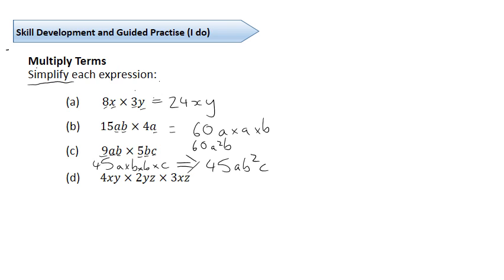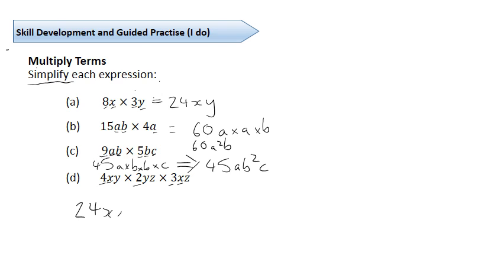Okay, the next one here, we're going to have 4 times 2 times 3. 4 times 2 is 8 times 3, which will give us 24. We'll have an X, so any other X's?